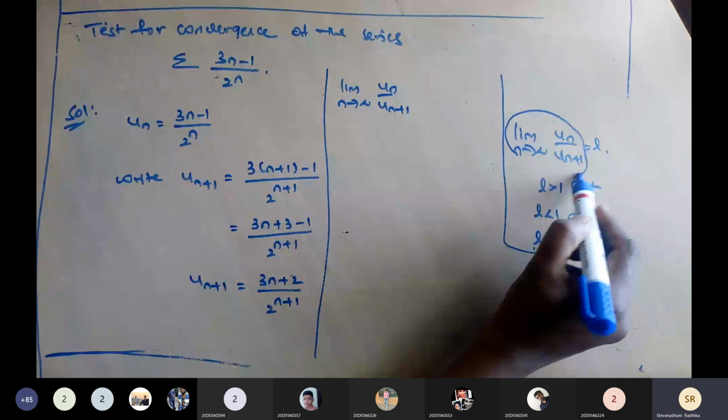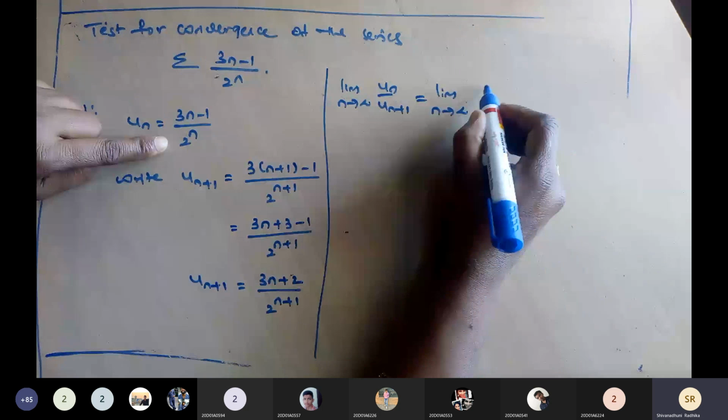That equals the limit as n tends to infinity. This was un, 3n minus 1 by 2 to the power of n, into 1 by un plus 1, which can be written as 3n plus 2 by 2 to the power of n plus 1.